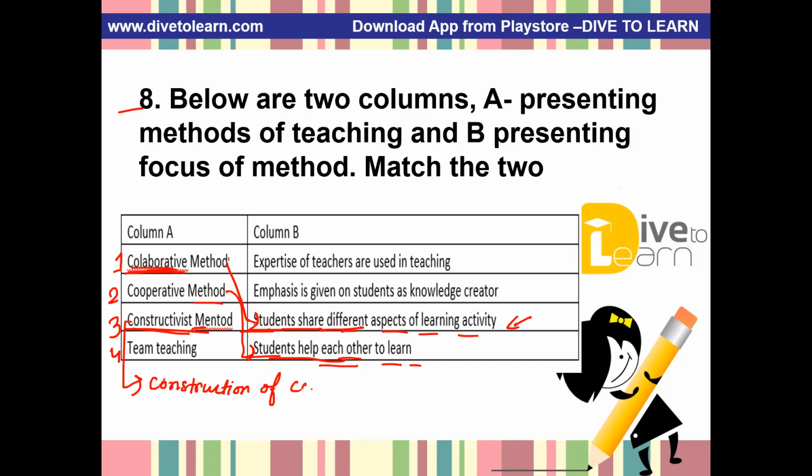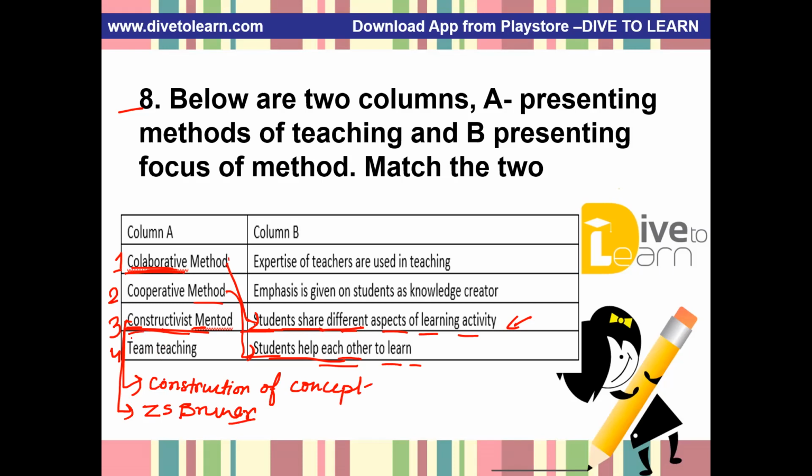So how do you learn? You construct knowledge. The classical person associated with constructivist method is J.S. Bruner. So a lot of theories you have to learn. J.S. Bruner is constructivist. We will take these theories in detail in the batch.